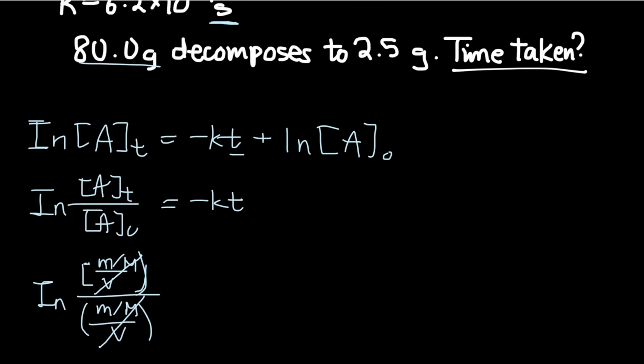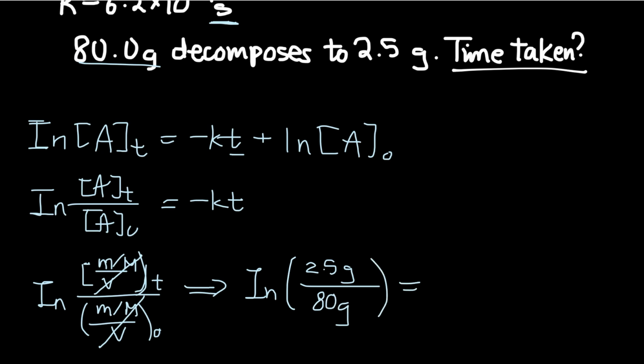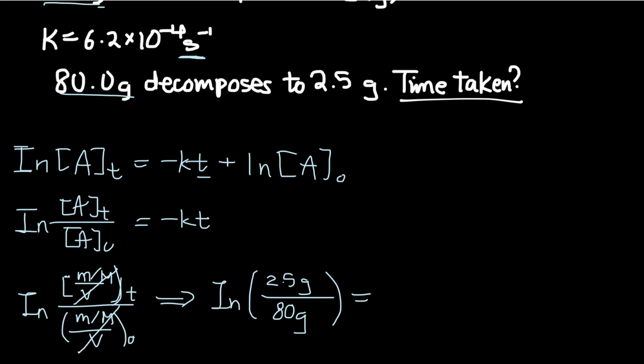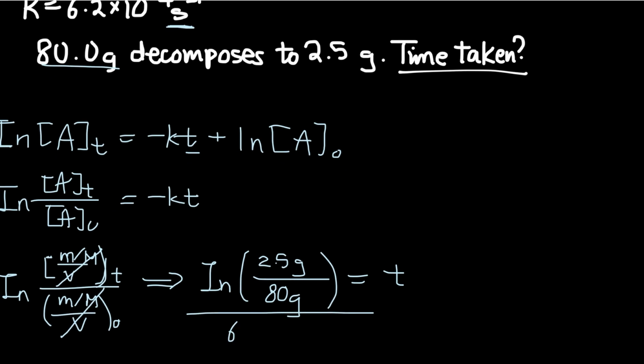So what you end up getting would look like ln of the mass at the time that you're interested in, over the initial mass. That would equal our t, where we also divide by our k.